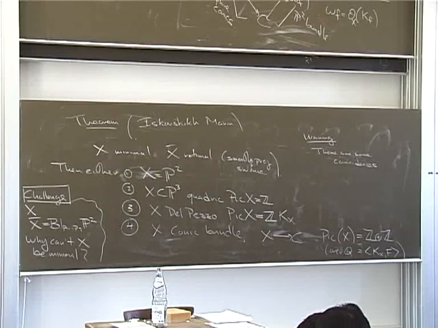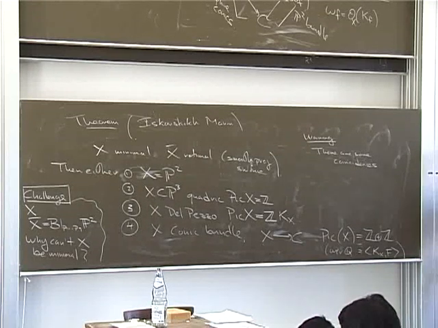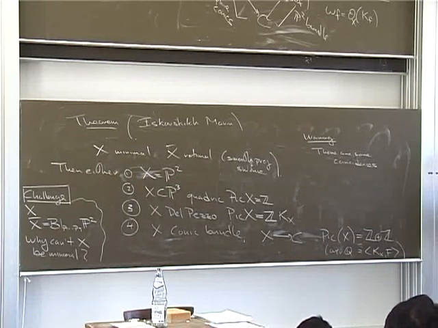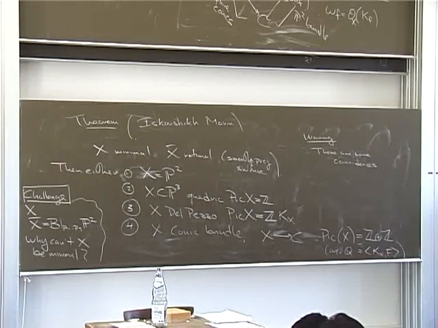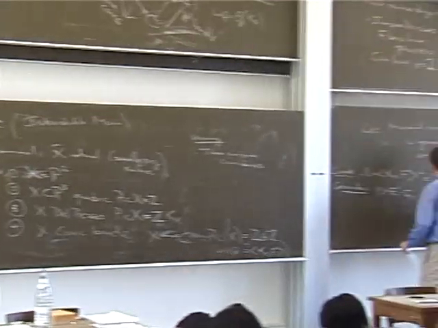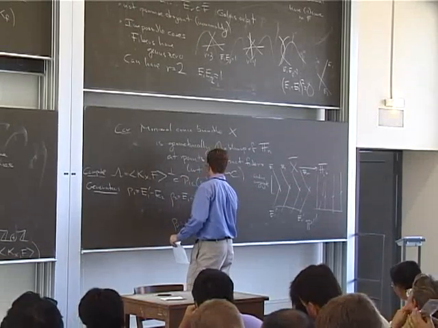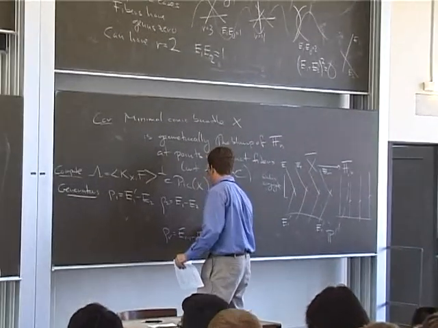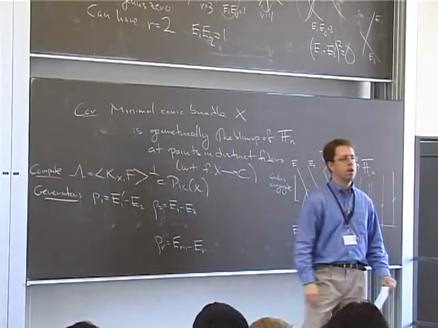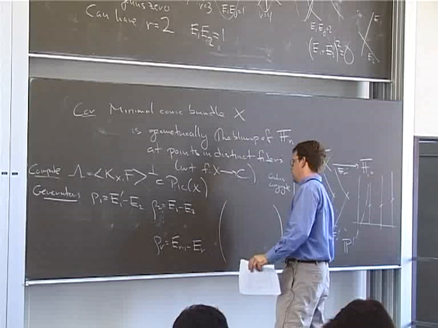So here are the generators. We have row 1. I'm sorry, this is E1 minus E2, all the way up to E r minus 1. And when I compute the intersection matrix, I get something like this.